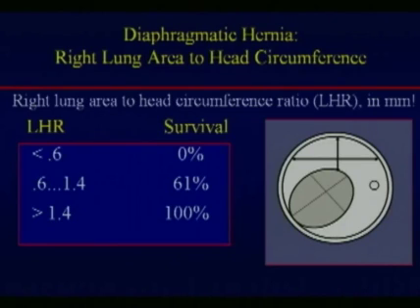In most studies, survival rate is either 0 or close to 0 when the lung volumes are that small. In comparison, when we have a lung to head circumference ratio of 1.4 or greater, survival rate is very good. Something approaching 90%, and in this particular study it was 100%.